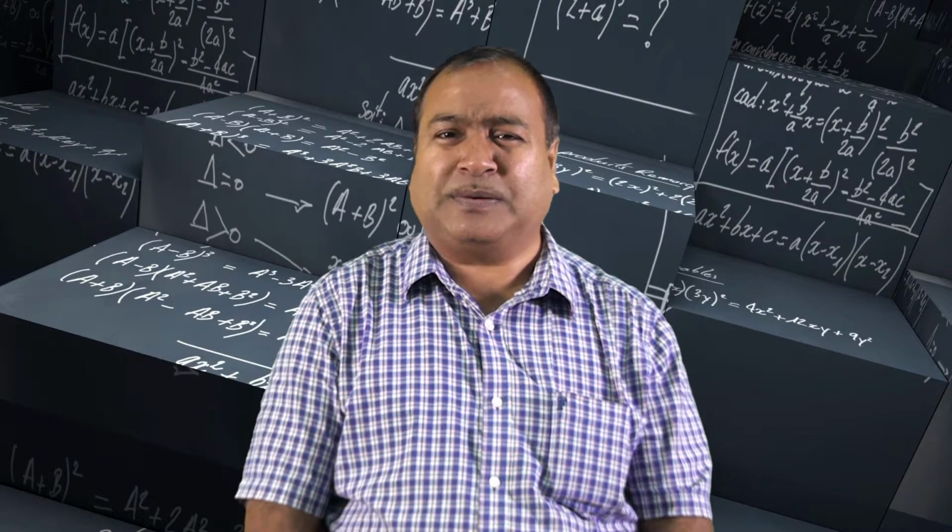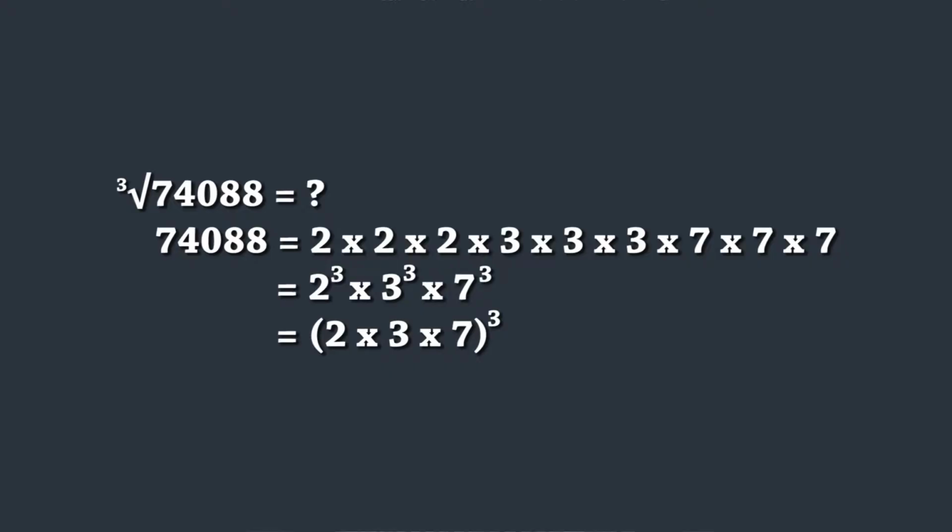Let us take one more example. Say 74,088. Now its prime factors are given as follows. 74,088 is equal to 2 into 2 into 2 into 3 into 3 into 3 into 7 into 7 into 7. That is equal to 2 cube into 3 cube into 7 cube.